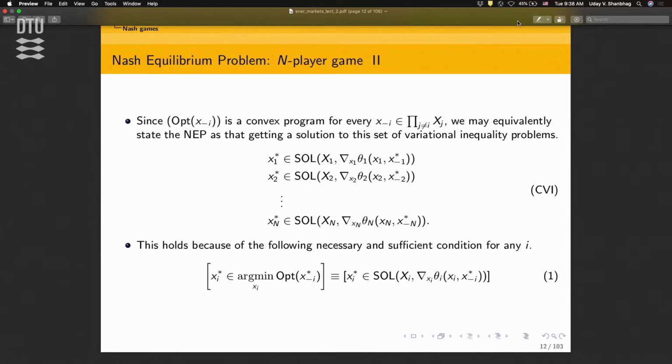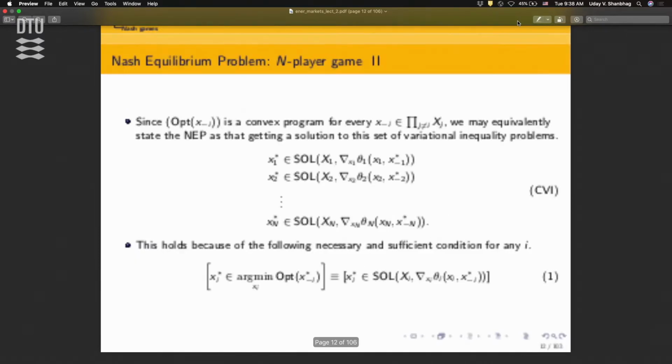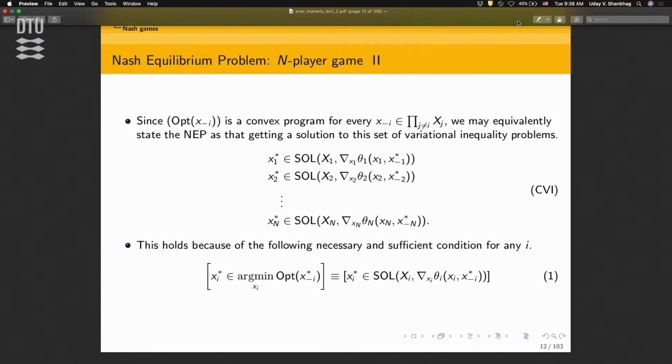So now that you have that, look, this is not a single variational inequality.